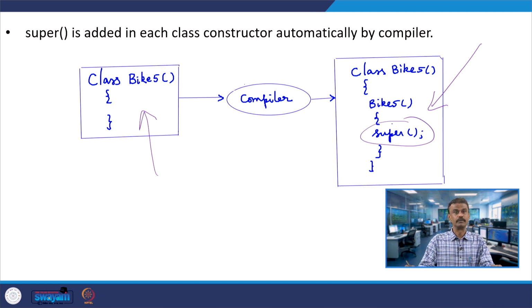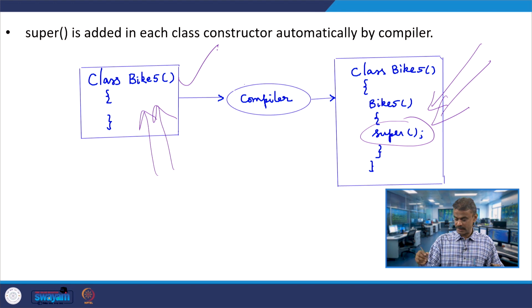The super() is added in every class constructor automatically by the compiler. So even if you write it one way, it is equivalent to the other according to the compiler, that is the meaning. Even if I write it like the left-hand side, as far as the compiler is concerned, it will be like this.